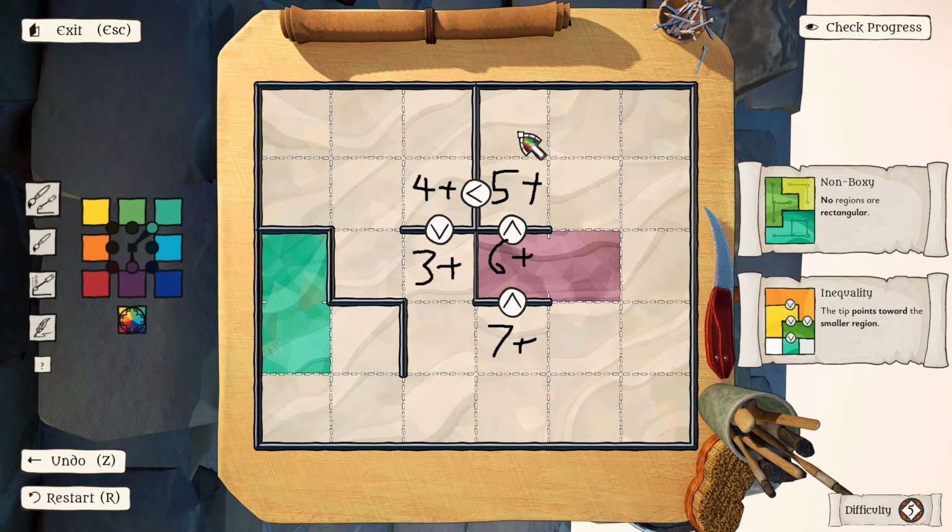If we're getting 5 plus up here, 7 plus here, and 6 plus here, that does seem tricky. Remember, we can't have any boxes left over, so we can't be leaving little 1s anywhere. So this is going to have to come into one of these spaces. It could just be a little 3 though.